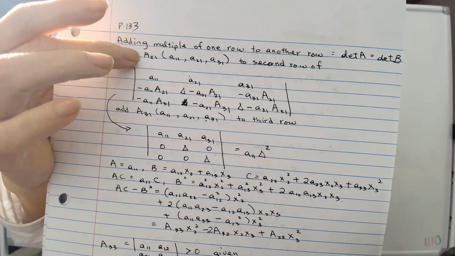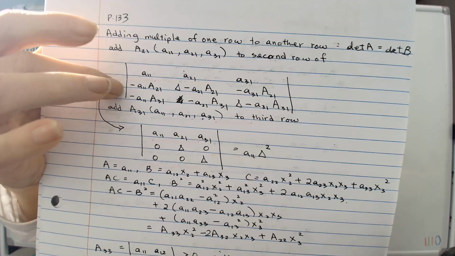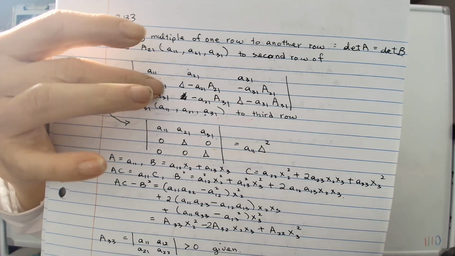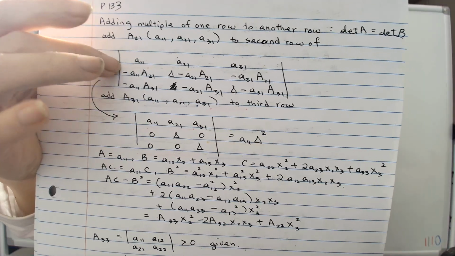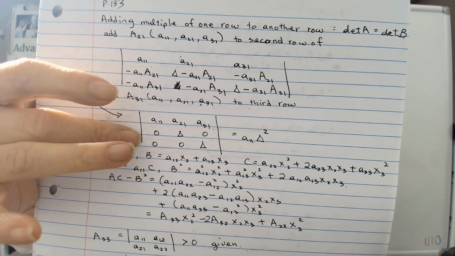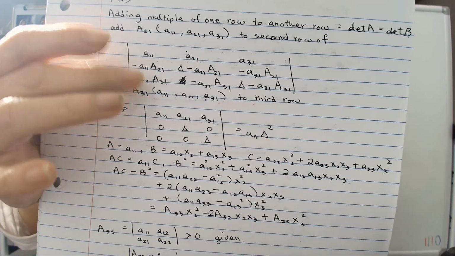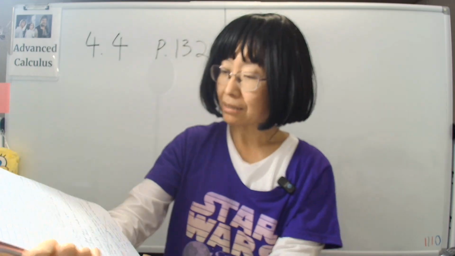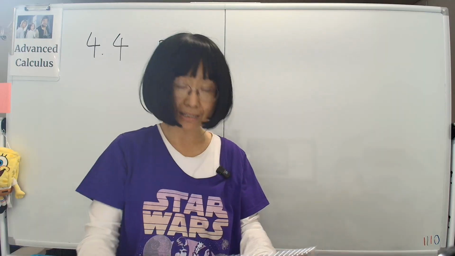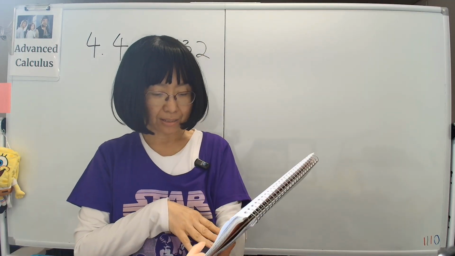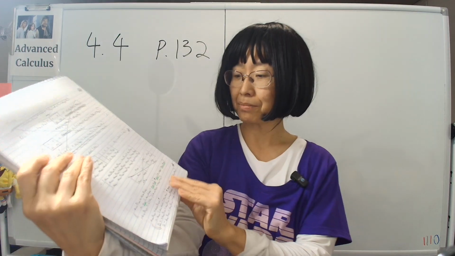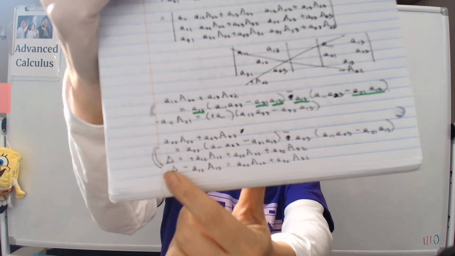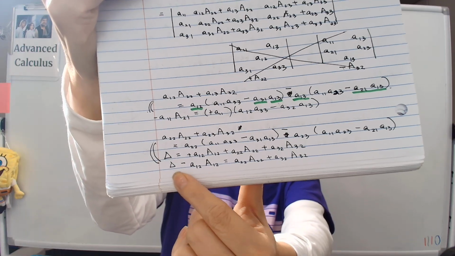So we'll multiply it by A21 and then add it to the second row, which actually just ends up being this. That makes everything go to 0. So what I said earlier about why the other thing is the same, well, it just does, okay? If you confirm it, it does equal the triangle A22.